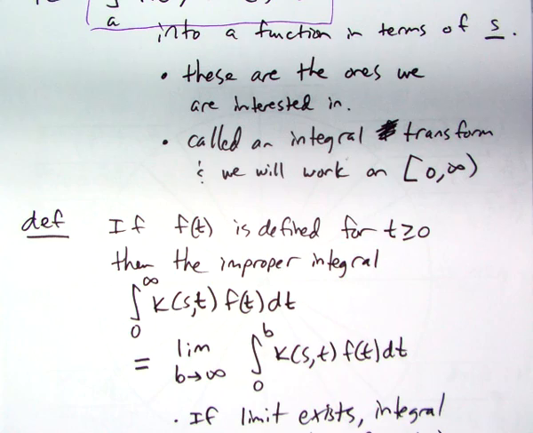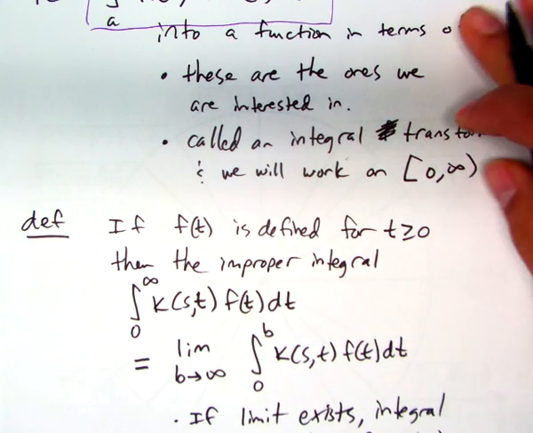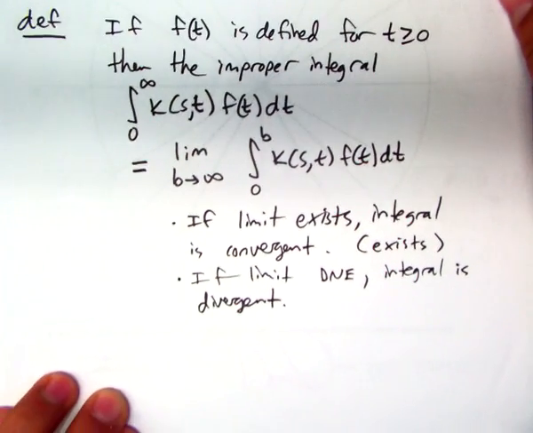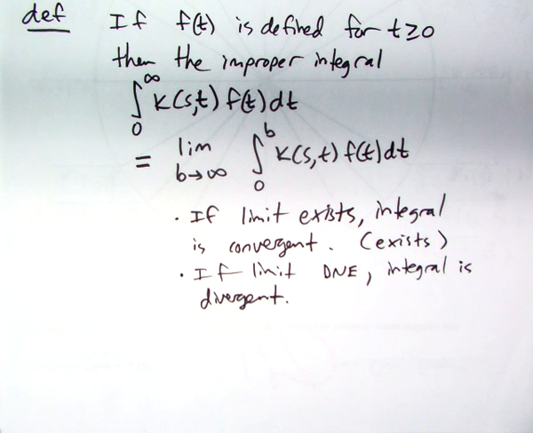Good, divergent. So this is all just a crash course on improper integrals. We combine the idea from Calc 1 with multivariable integrals, which is what we dealt with in Calc 3, and we get to our definition.